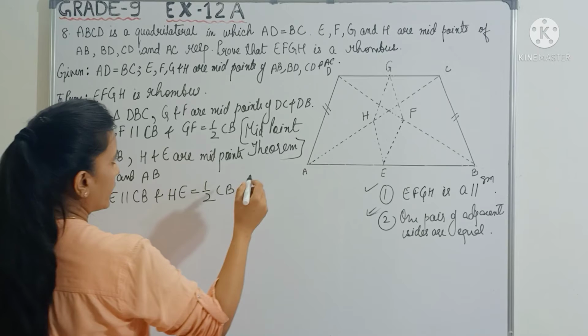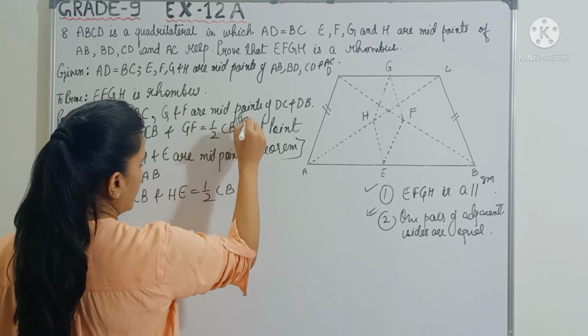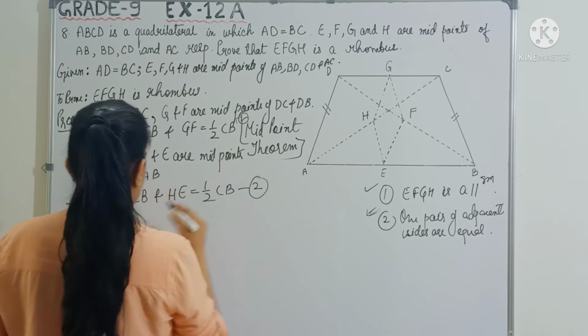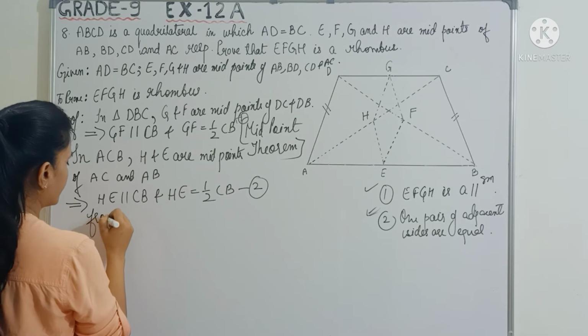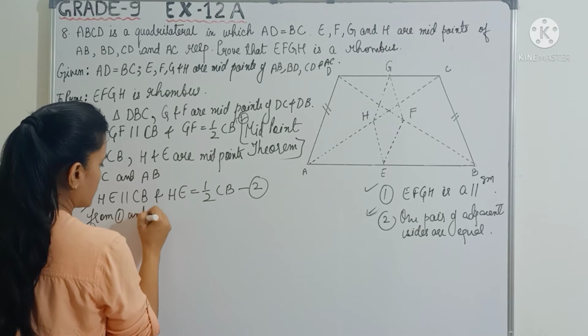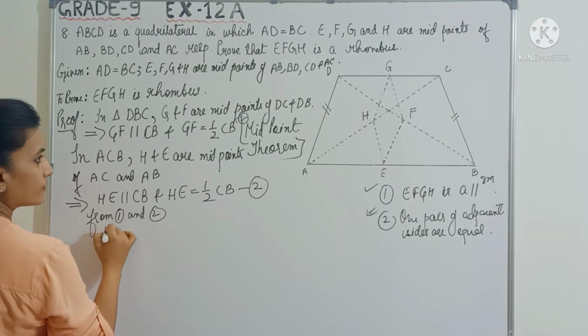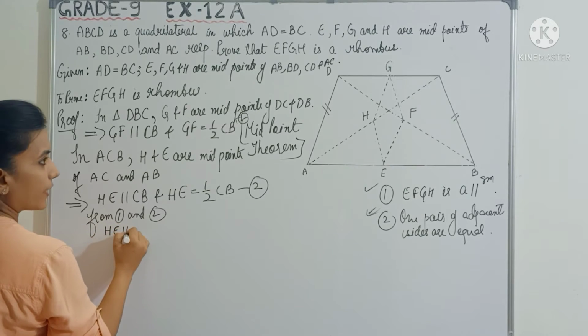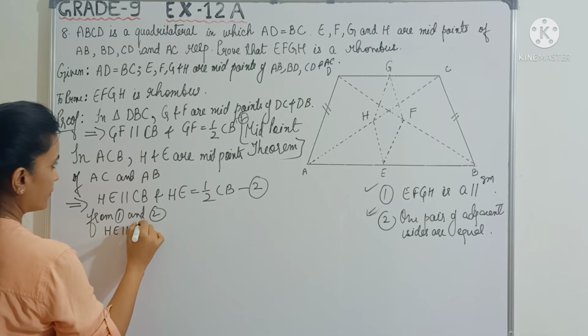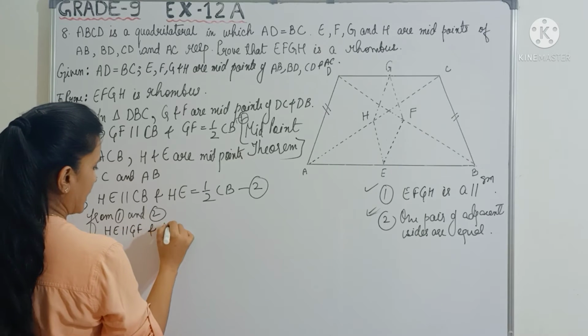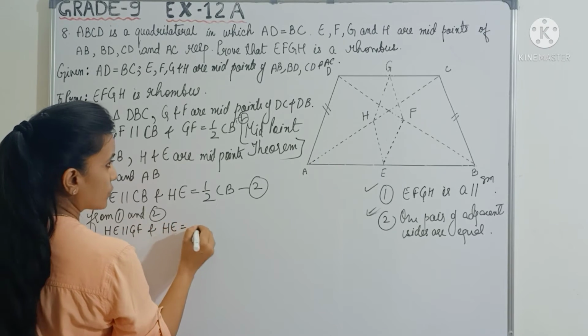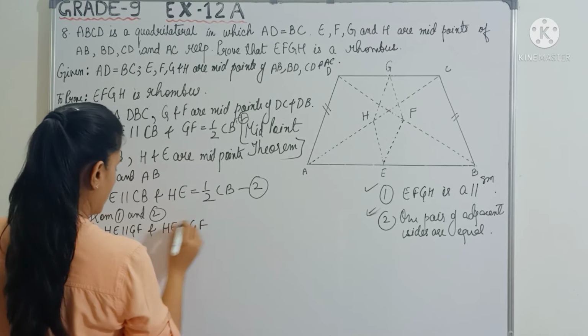So from 1 and 2, let's say this is 1 and this is 2, we can conclude that HE is parallel to GF and HE is equal to GF.